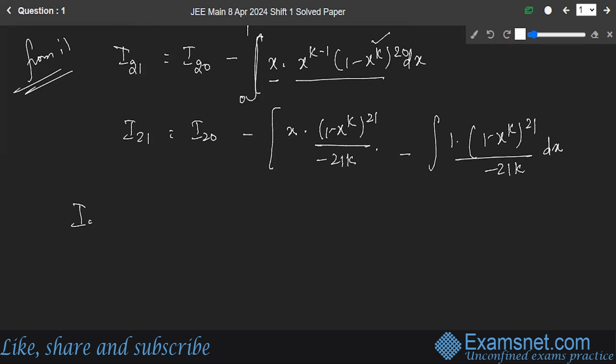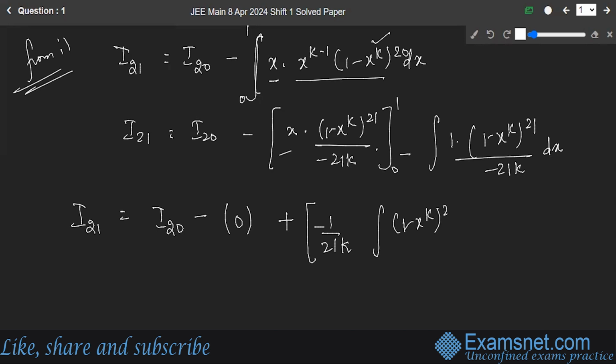So your I-21 is equal to I-20 minus this, with limits 0 to 1. On putting on the limits, you will have a 0 over here, and minus minus plus, and again a minus over here. So this is the integral of (1 minus x power k) raised to power 21 dx from 0 to 1.